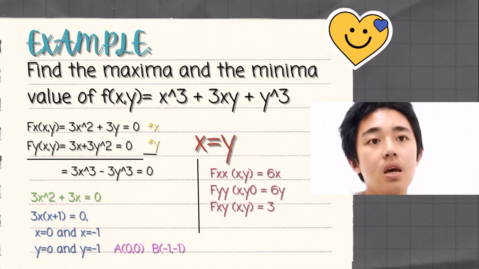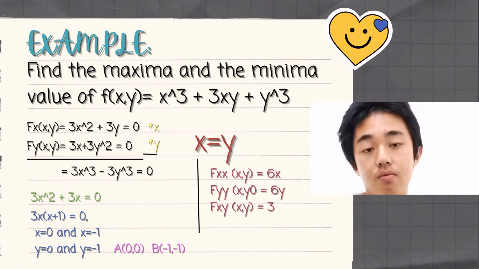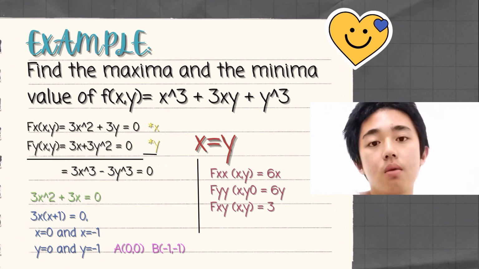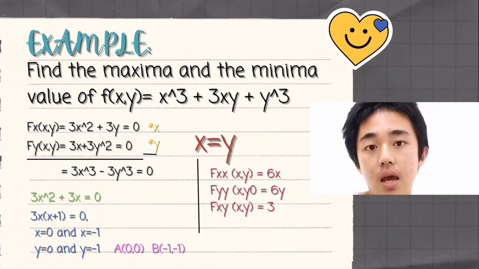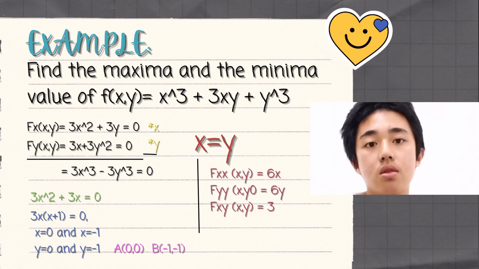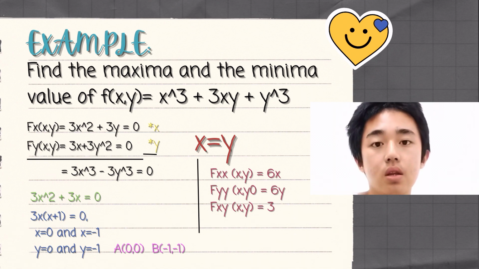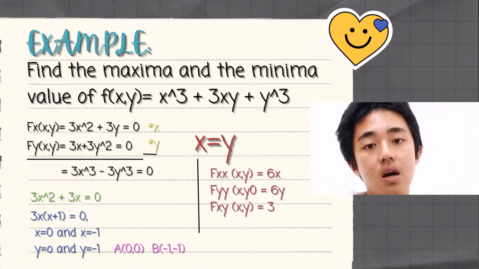So x cubed plus 3xy plus y cubed becomes 3x squared plus 3y, because we bring down the power of 3, times x, and then we minus the 3 with 1, it gives us 2, so it is 3x squared plus 3xy. The x actually has a power of 1, but it is unseen, so we times it with 3, and it is left with nothing because 1 minus 1 is 0, so the x is gone, so it leaves us with 3y.